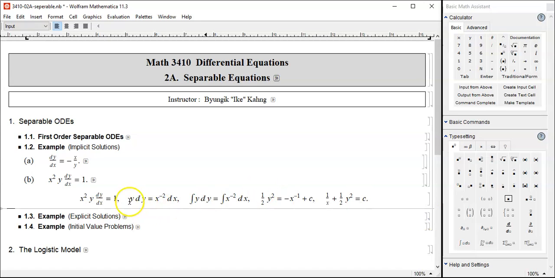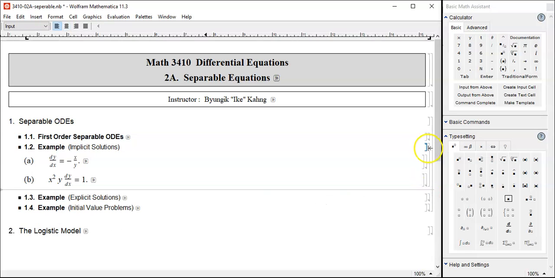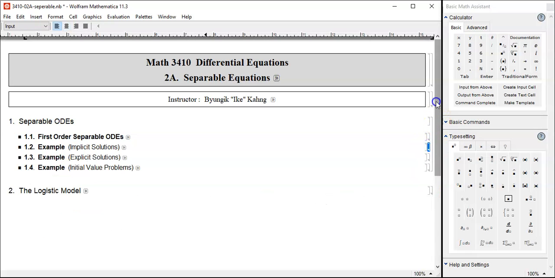So this kind of technique, separation and then taking the antiderivative, that's a key technique that you have to use for this course. Excuse me, did I say for this course? For this lesson, for separable equations. Of course, for this course, a heck of a lot more. Alright, those were implicit solutions.